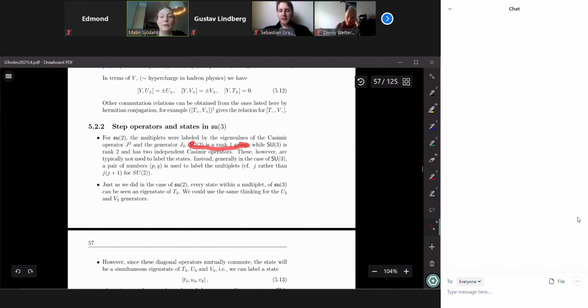So SU2 is then a rank 1 group. SU3 is rank 2 because it has two commuting generators, and actually it also has 2 independent Casimir operators, although we are not spending time on that.